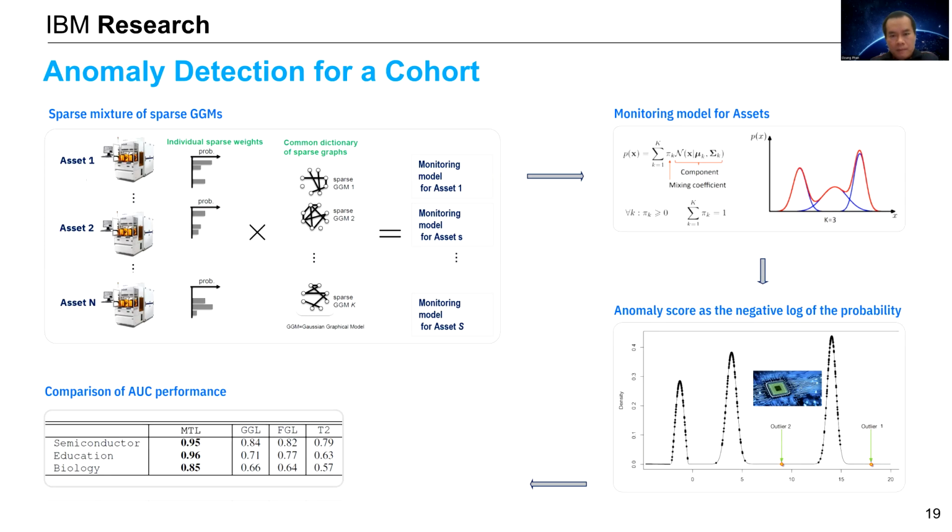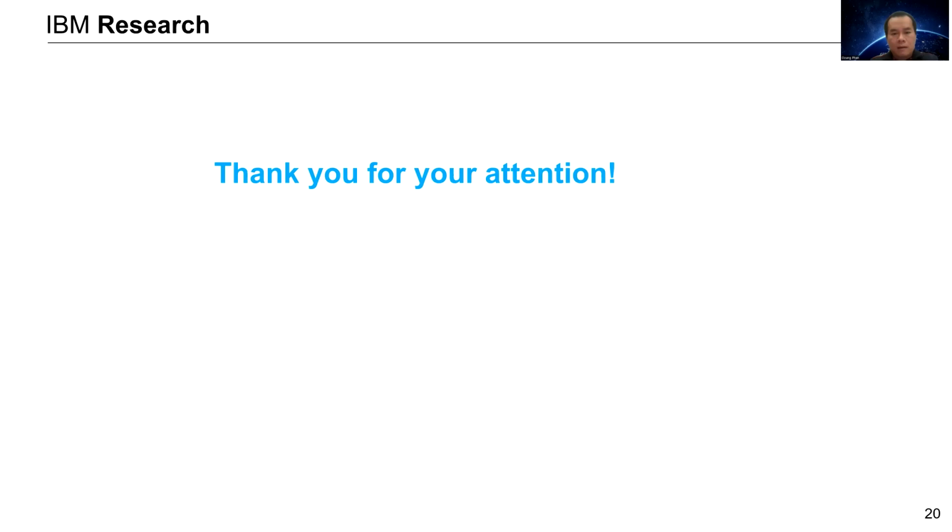So I just showed the third method to learn an abnormality algorithm. Here we handle the multi-asset. Thank you for your attention.